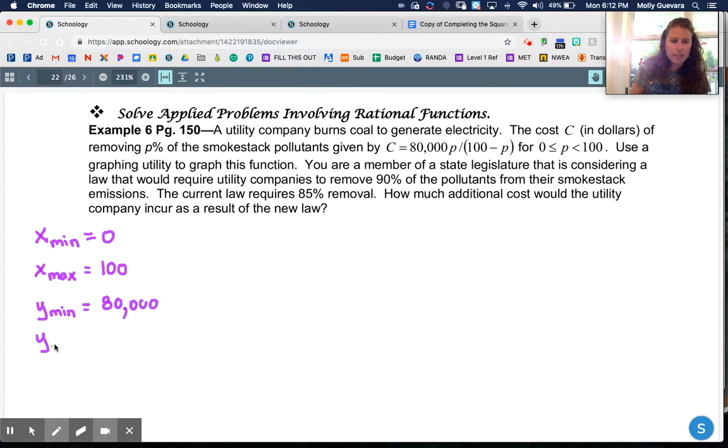And let's say if I take out 100% of the pollutants, that can go up to 800,000. So go ahead and graph this on your calculator and adjust your window, and then just do a quick little sketch of what that graph looks like.